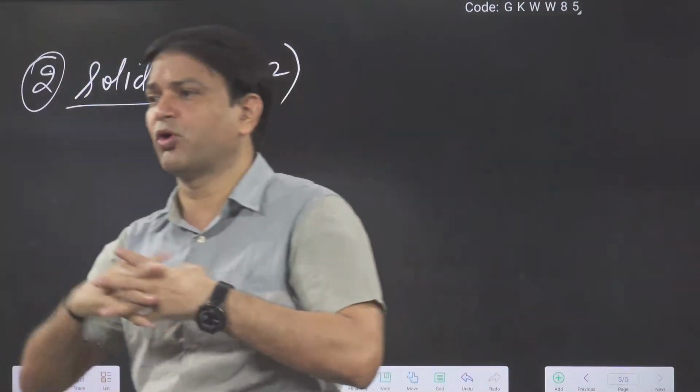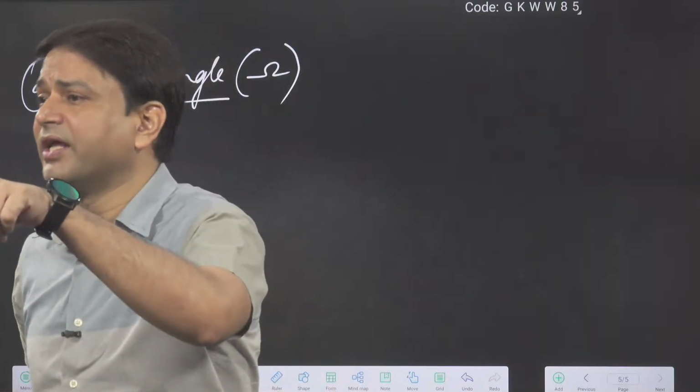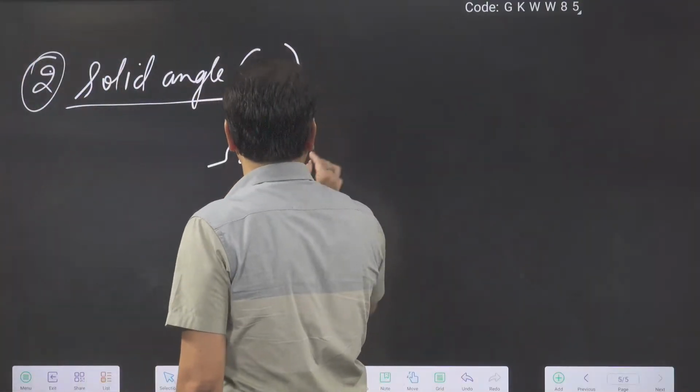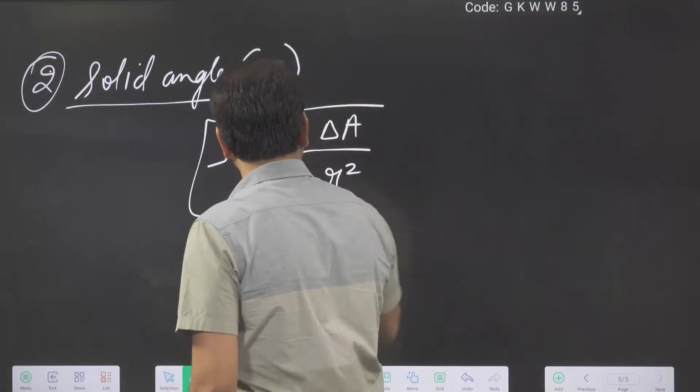Solid angle means what? In the case of the plane angle, we take the arc. Here we will take the area. So what is a solid angle? We can say the solid angle is the area subtended upon r square, where r is the radius.